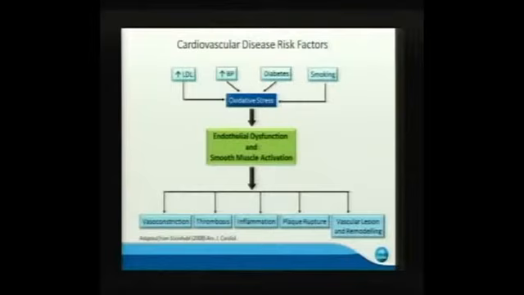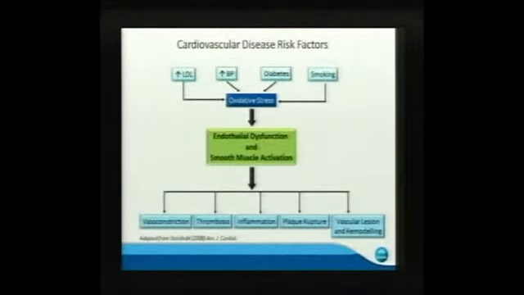If you look at cardiovascular disease, which is the focus of this presentation, the current theory is that oxidative stress plays a leading role in vascular inflammation. That is in the endothelium, the innermost layer of blood vessels, where increased free radicals can accumulate due to different cardiovascular risk factors.